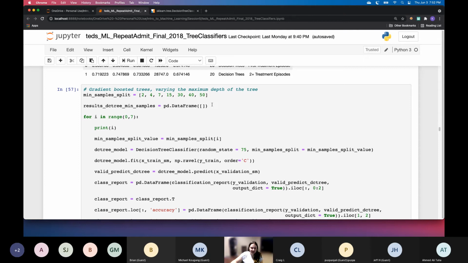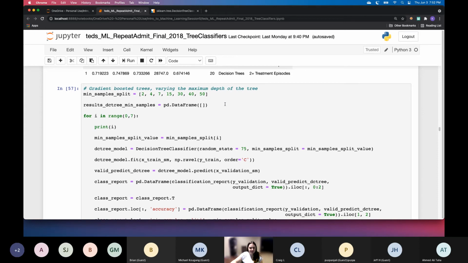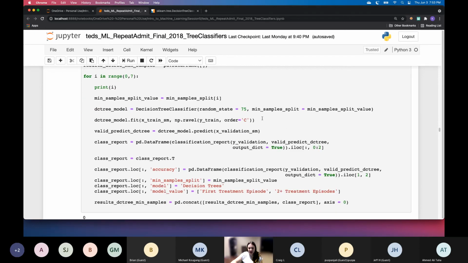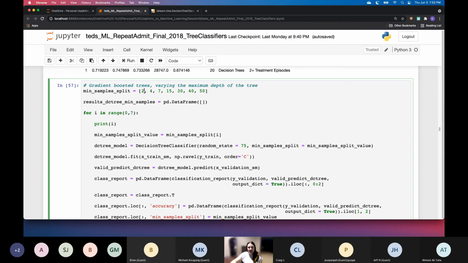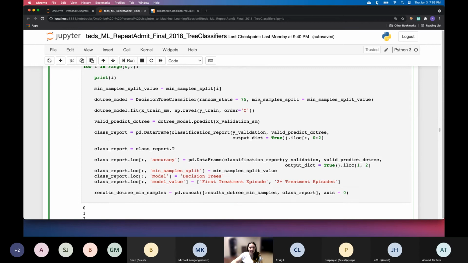Sometimes I didn't get it to do that, but in this case, I wanted to show here the default, and up from there. So again, we have our skeleton, the minimum samples per split, which you would get the syntax from this documentation. And we put in 2 to 50, like various numbers between them.